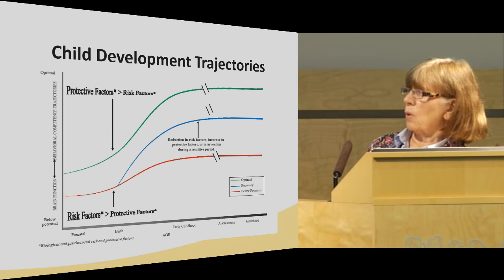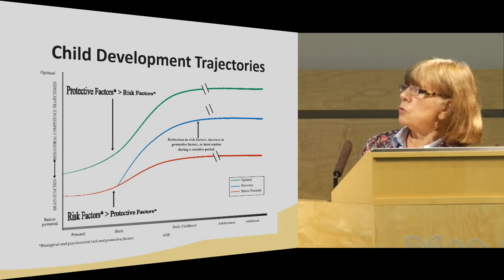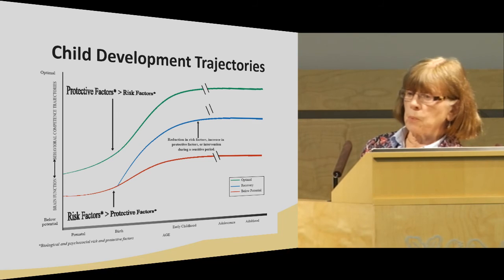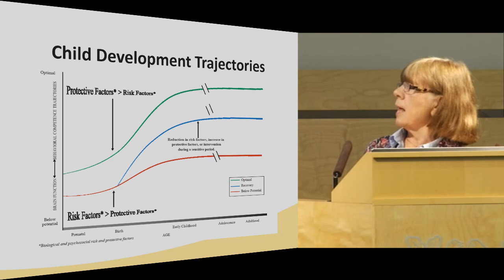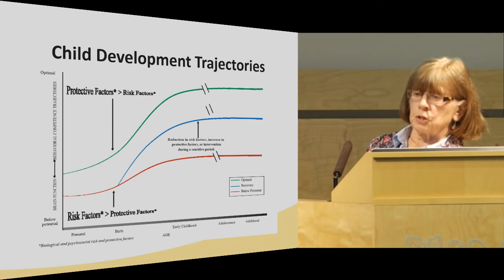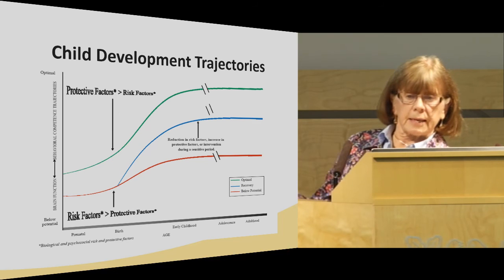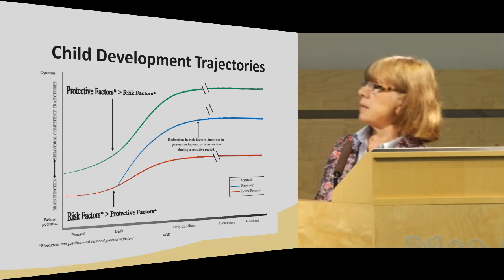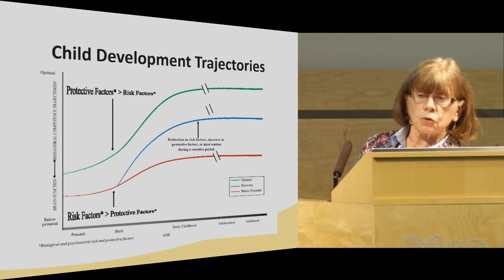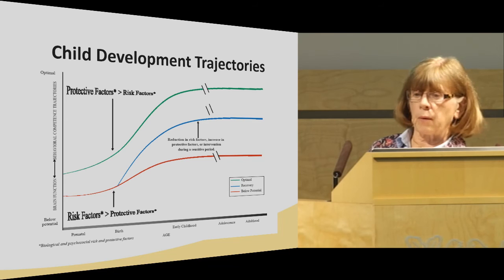If you're born with these risk factors, then the disparity occurs at birth, and basically it continues and actually widens. The blue represents an intervention, and so what the data suggests is that interventions can be beneficial, can in some ways pull one closer to the green, in some ways the disparities remain.